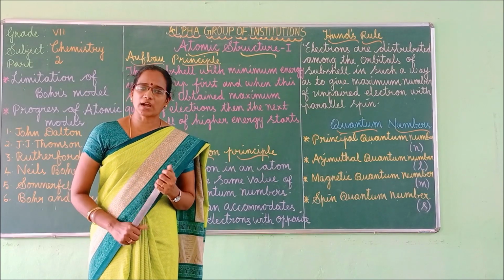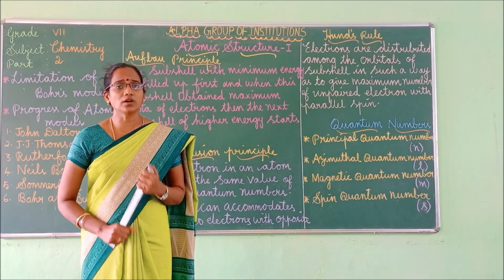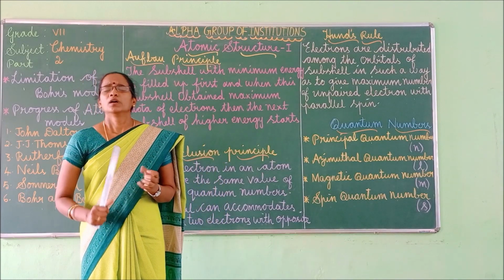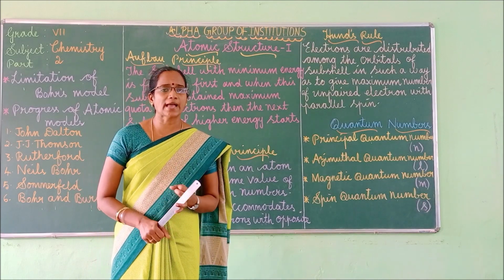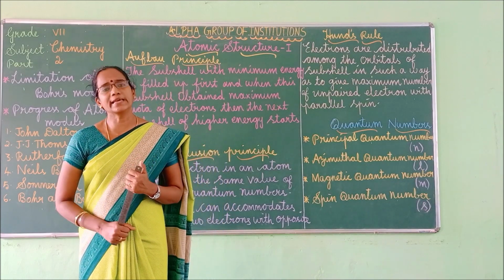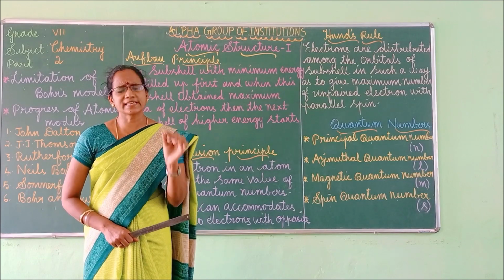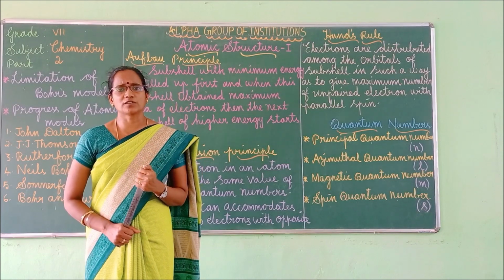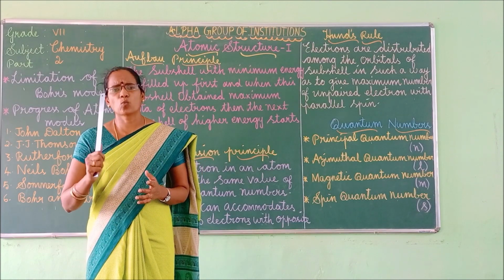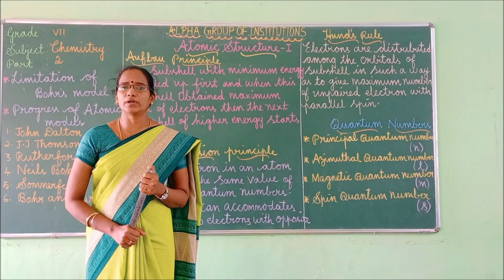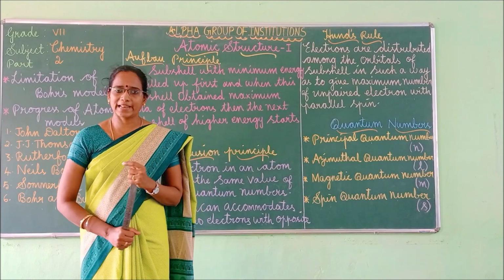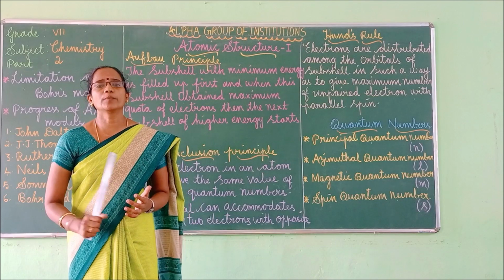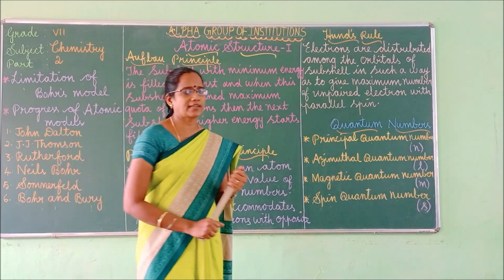For example, helium as well as nitrogen atoms are referred to as multi-electron atoms because the helium atom as well as the nitrogen atom contain more electrons, and hydrogen is the only atom in the periodic table which contains only one electron, right? So Bohr's atomic model could not explain the atomic spectrum of multi-electron atoms.